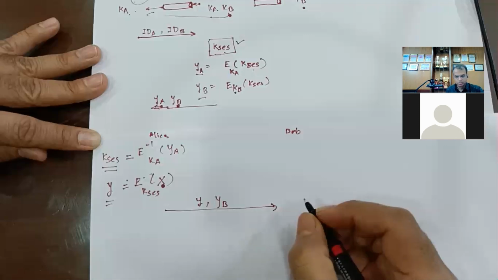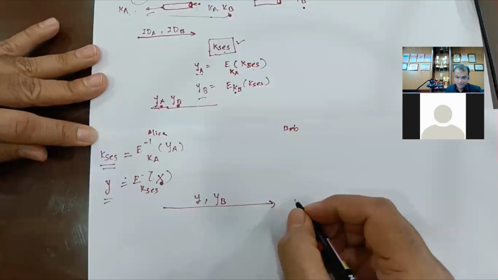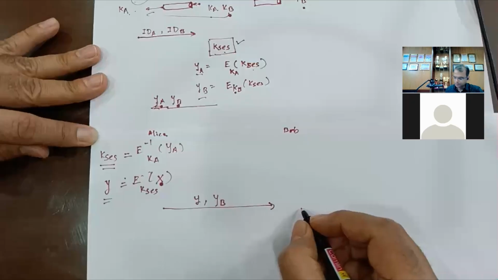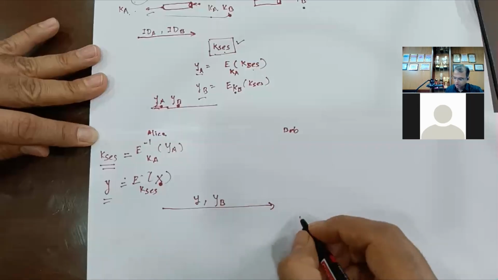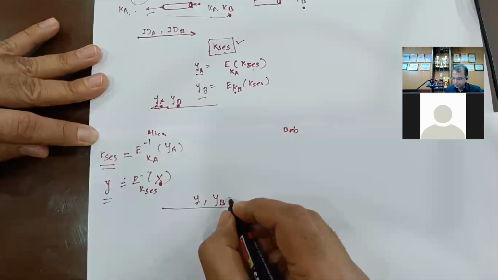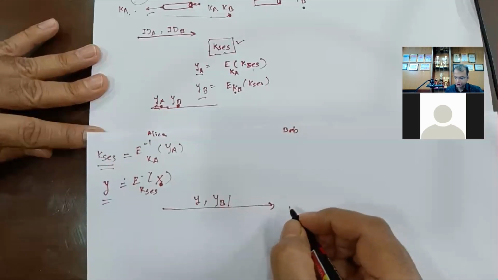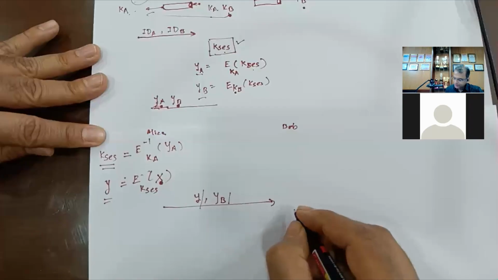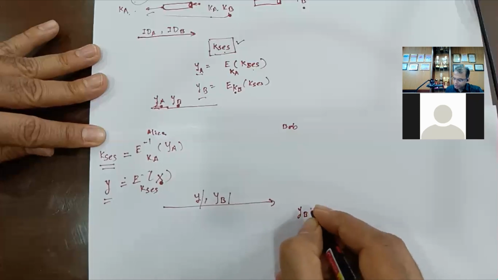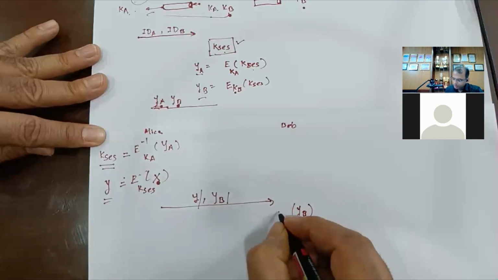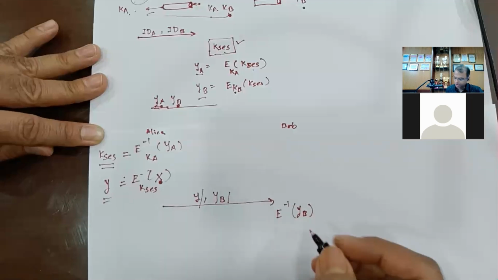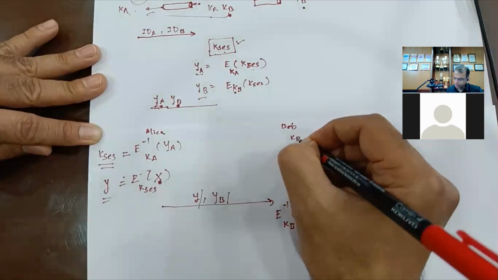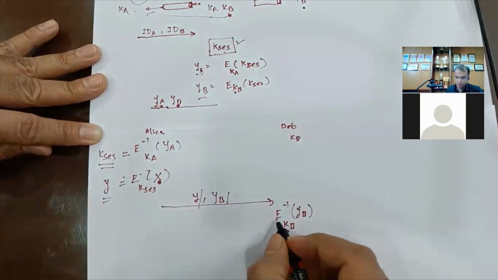Now what Bob does here is, whenever he reads this message, he knows that this is a session key and this is the original message. So he decrypts YB, that is E inverse, using his own key. He knows KB, so he uses KB and decrypts YB.